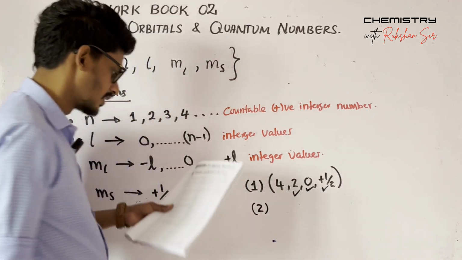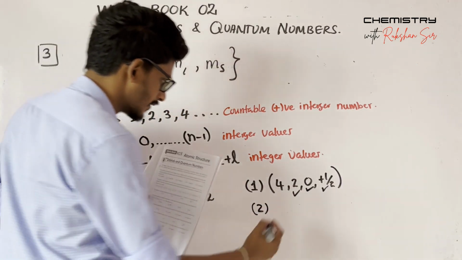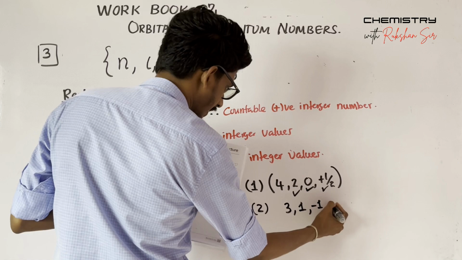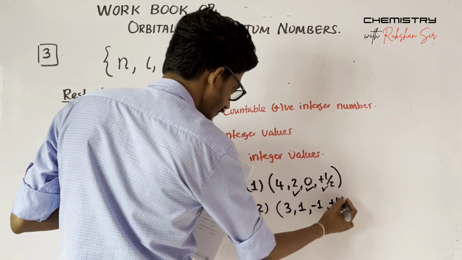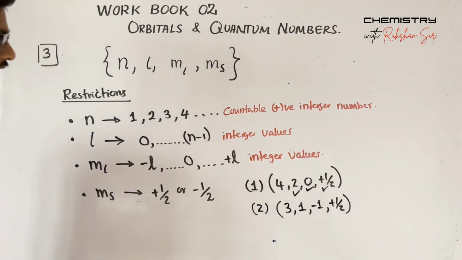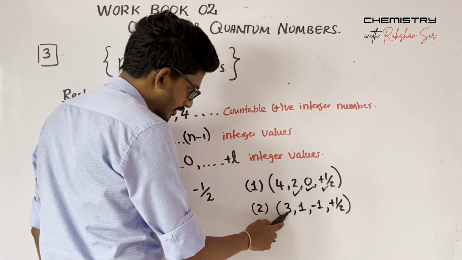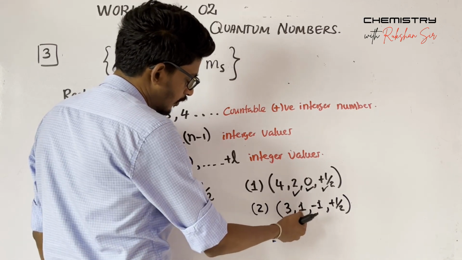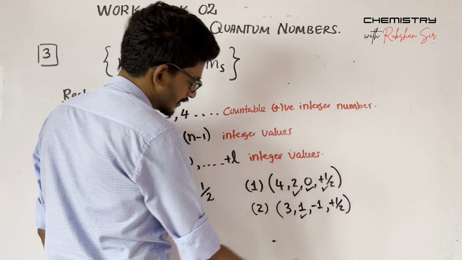Second set, that is 3, 1, minus 1 and plus half. What about this? When n is equal to 3, as L values, you can have 0, 1, 2, so 1 is acceptable.